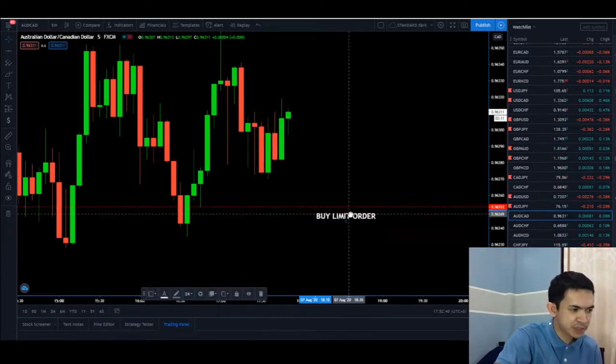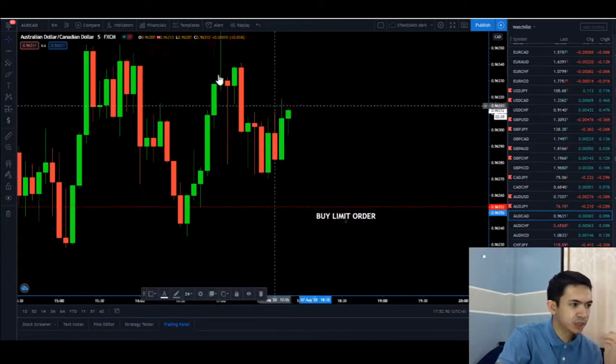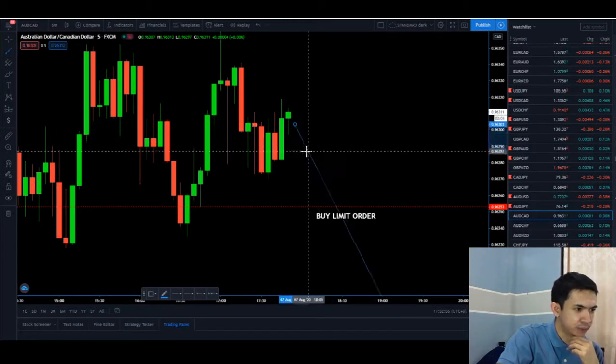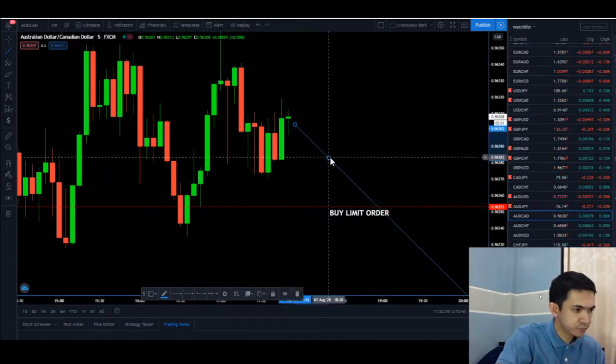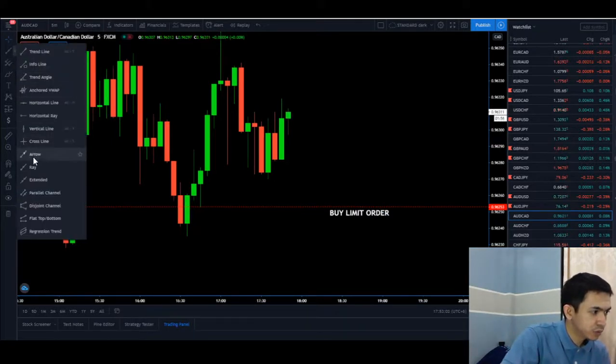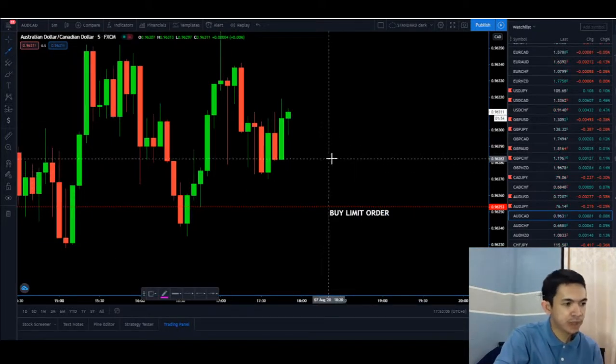Meaning, based on my analysis, I know the price will be going back. Normally, I do buy limit orders because I know the price would come to a much better price if I'm going to buy, right?